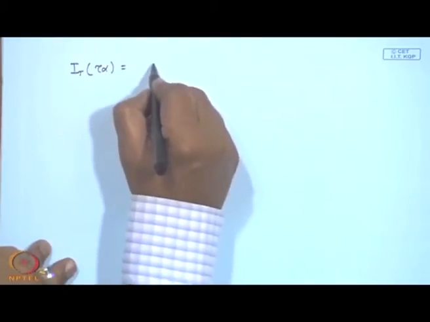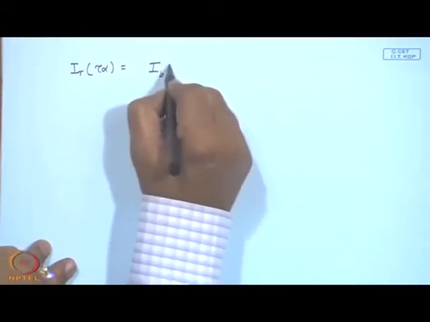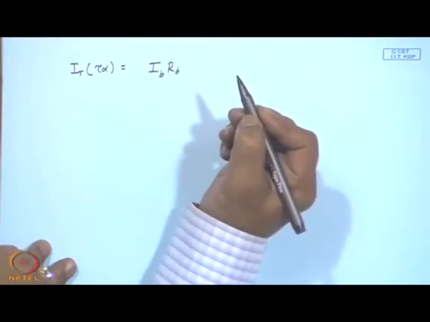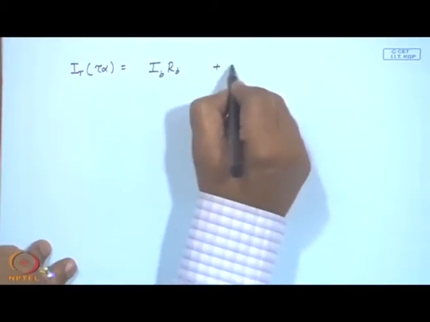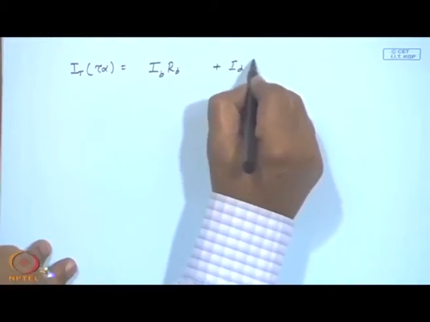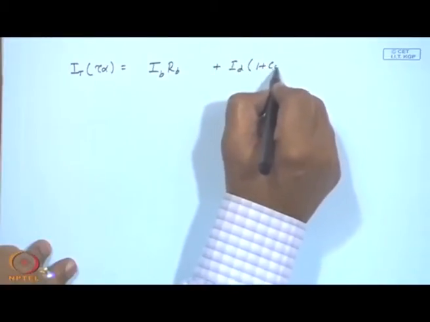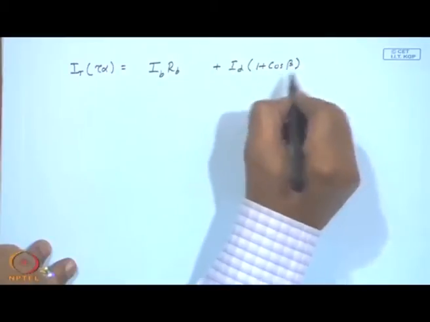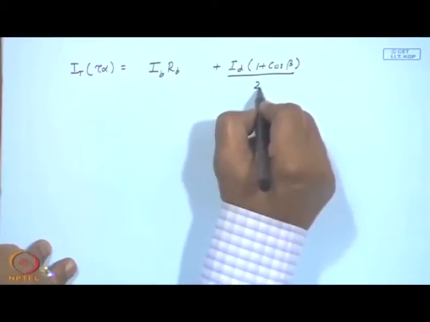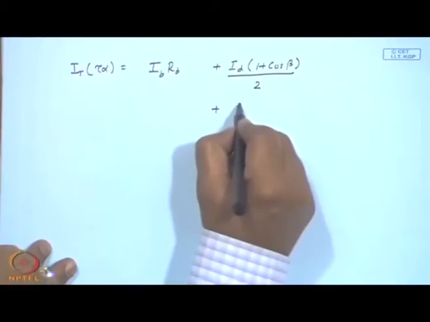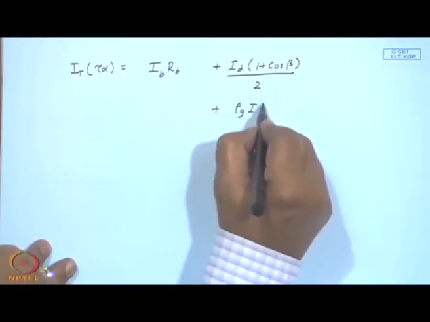It will comprise the direct radiation I_b r_b, plus the sky diffuse radiation I_d times (1 plus cos beta) by 2, plus the ground reflected radiation.